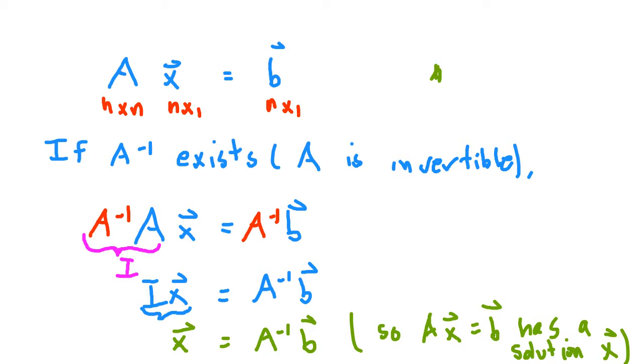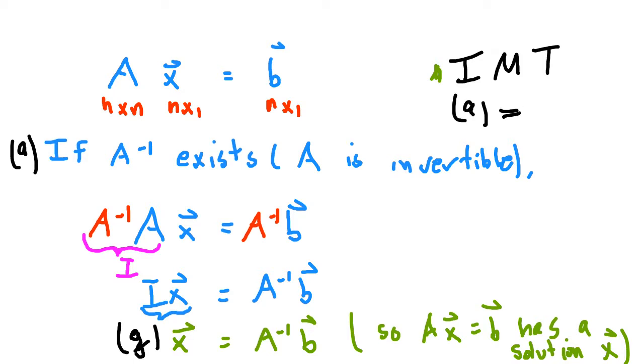So this is, in the invertible matrix theorem, statement A, and that implies statement G. On the IMT, the invertible matrix theorem, we abbreviate it IMT.